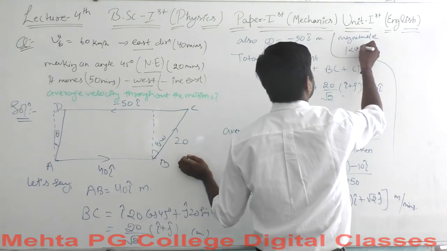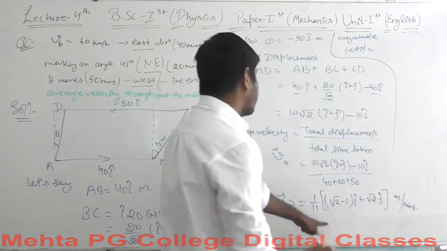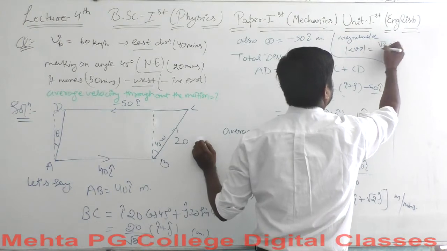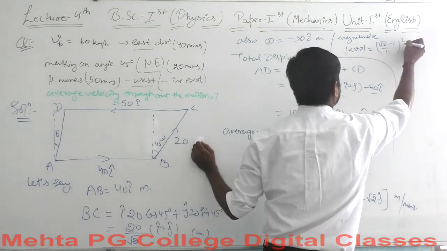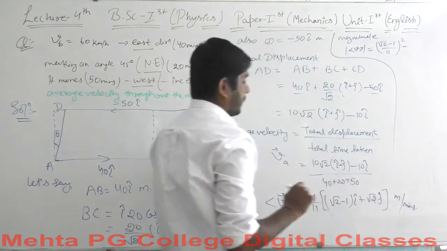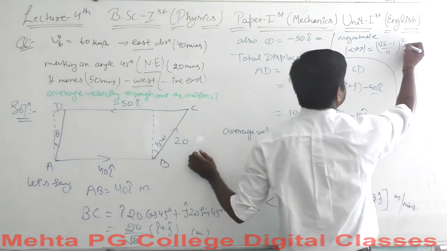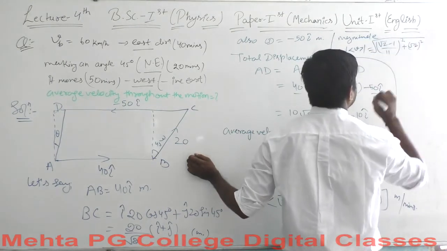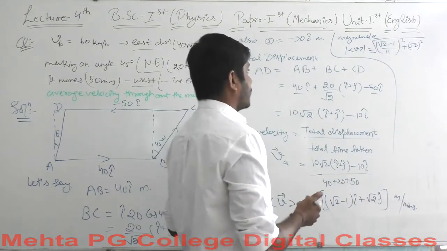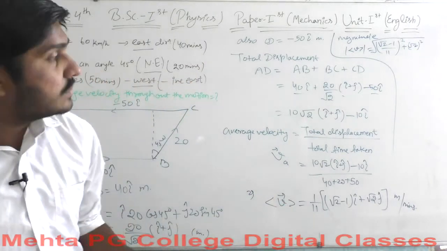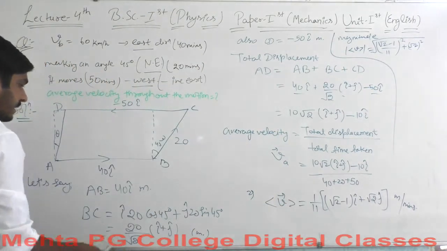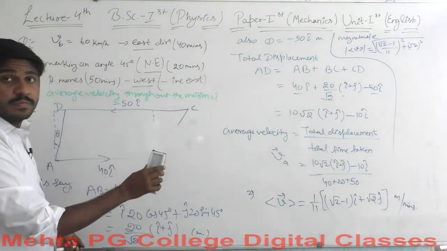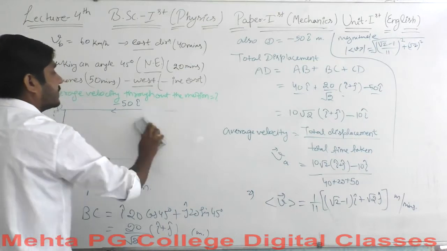Let's say this is the magnitude of average velocity, which is considered as root of root 2 minus 1 upon 11 square plus root 2 square, and the whole thing is under the root. Well, I hope that you remember the figure here.